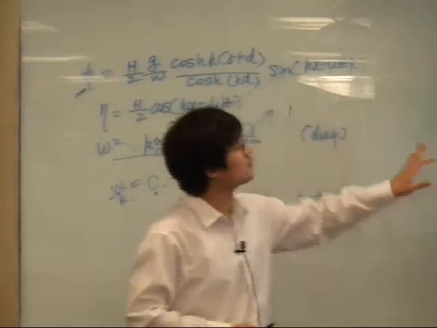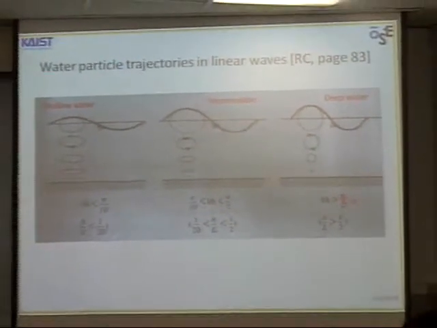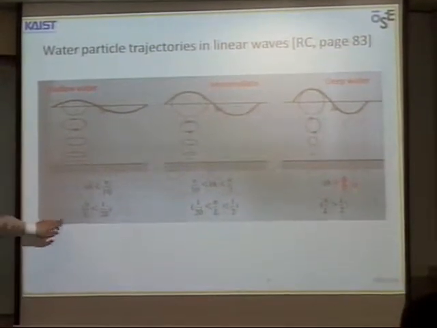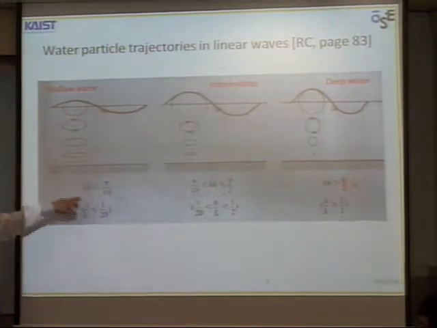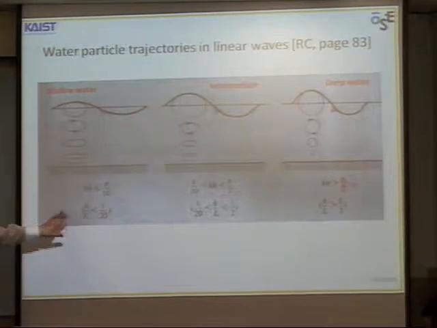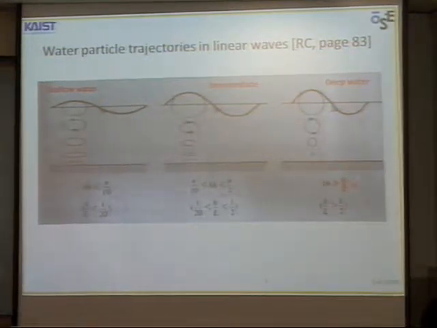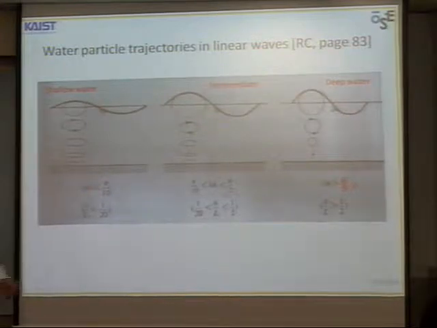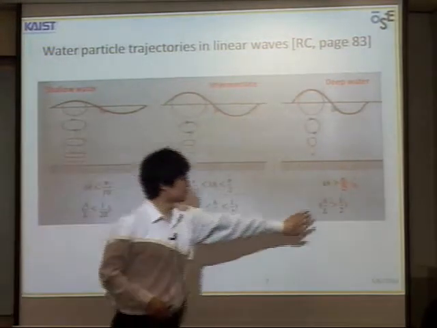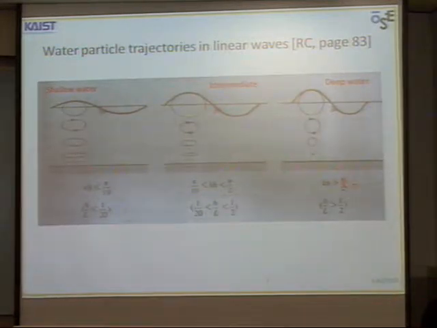This is the water particle trajectories in linear waves. This is for shallow water. This is the criteria we use to determine whether it's deep water or shallow water. This is intermediate and this is deep water. This is from one of the references.